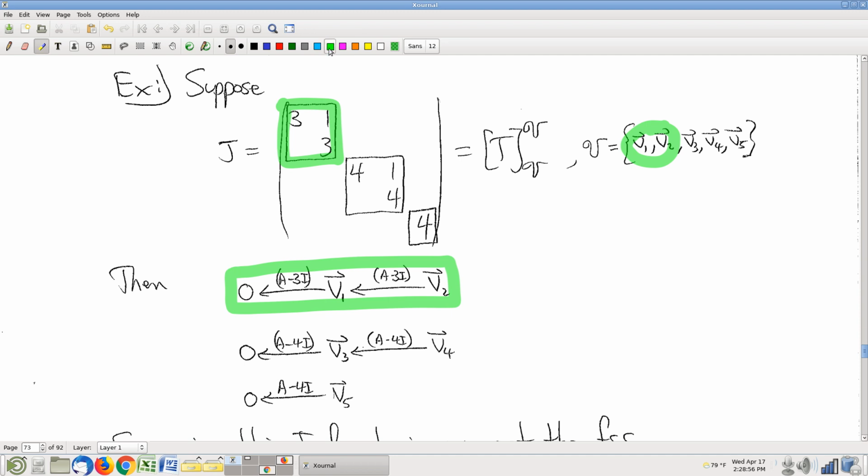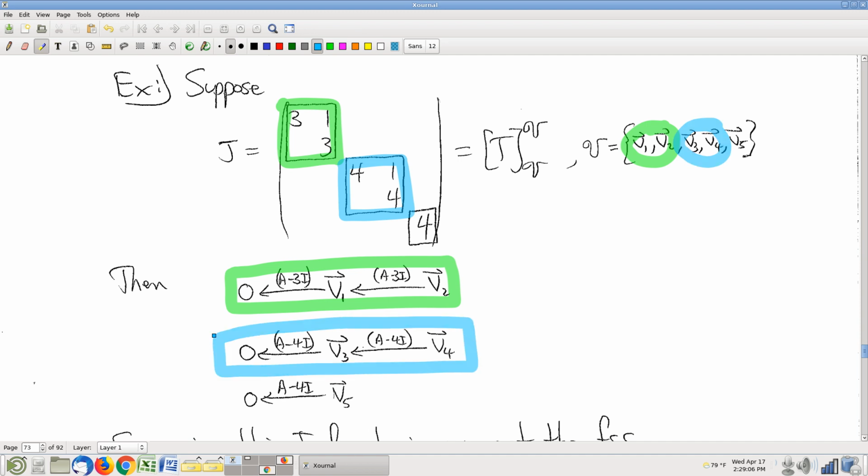This second block corresponds to this second group of Jordan basis vectors, which gives you this second diagram. And notice, sure, V4 goes to V3. You would think that V3 goes to V2, but it doesn't. V4 goes to V3. V3 goes to 0, because that's the end of a block. You stop when you get to the eigenvector. You don't proceed into the next block.